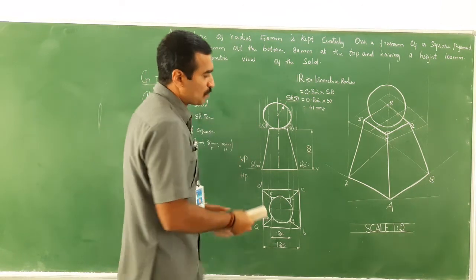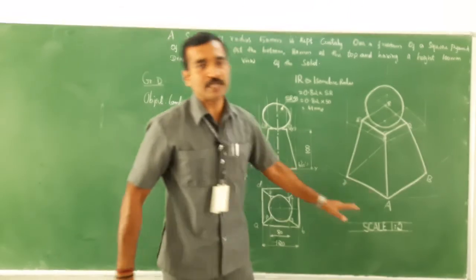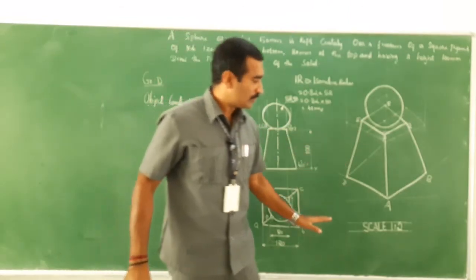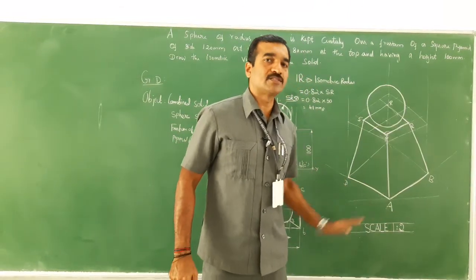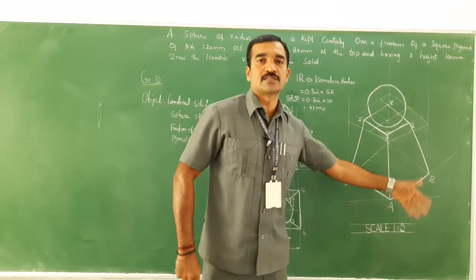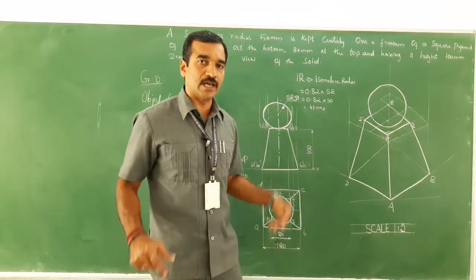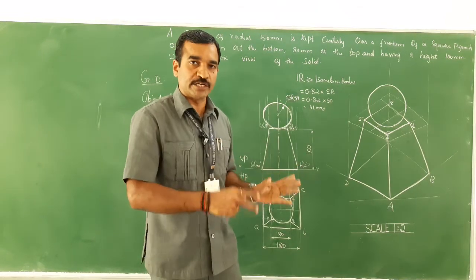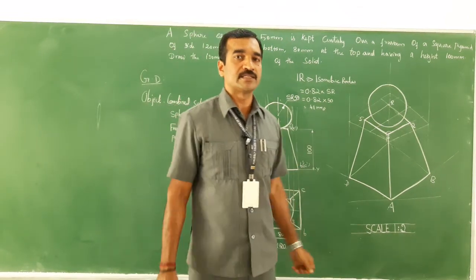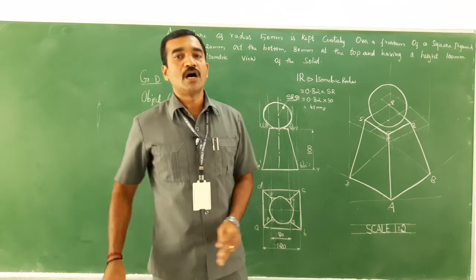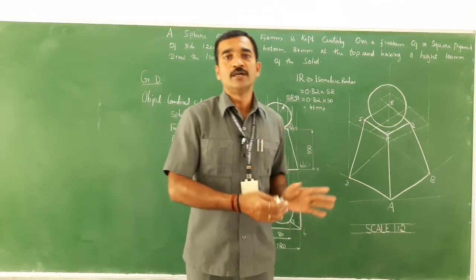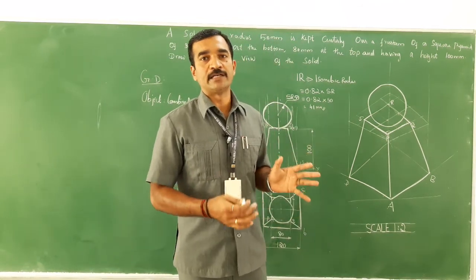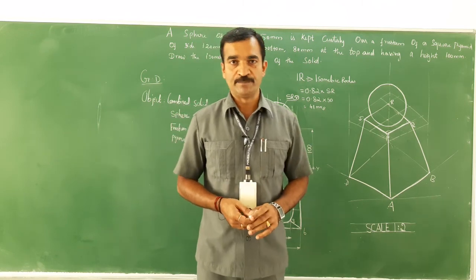At the right bottom of the drawing, you have to write the notes, that is, all dimensions in mm, and the scale you have considered, whether true scale, reduced scale or enlarged scale, or for isometric projection, the isometric scale. Hope you have all understood how to draw combined solids in isometric projection. Thank you.